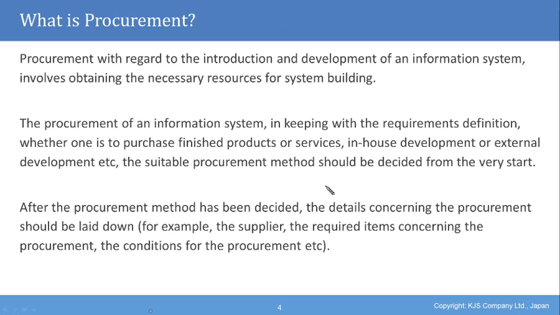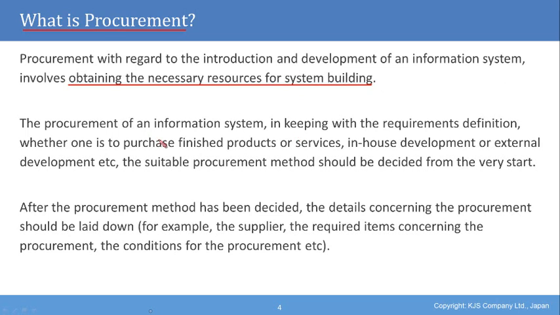In order to answer the question, we should begin with a very simple question. What is procurement? Procurement with regard to the introduction and development of an information system involves obtaining the necessary resources for system building.